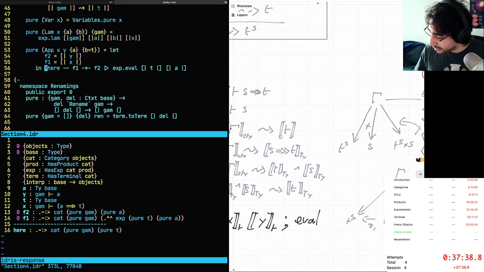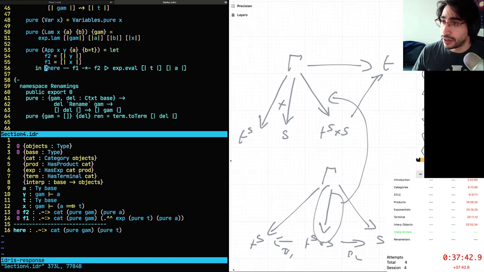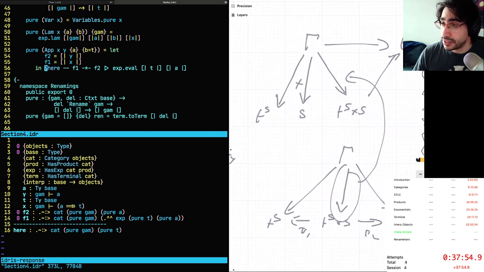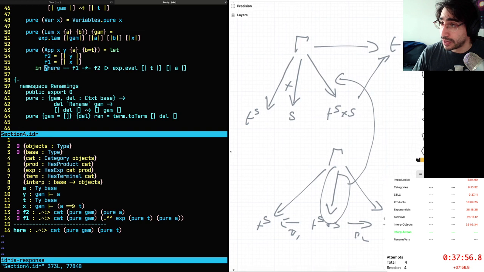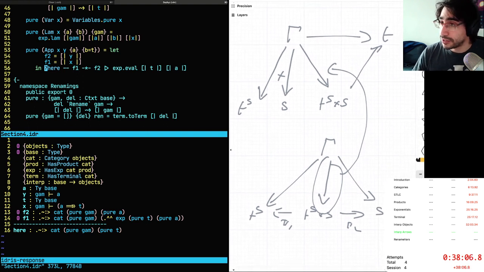However, I think I have a nice diagram here. If we interpret x and y, we realize that they denote two arrows that come from the same object, gamma. One of them goes to t power s, and the other one goes to s. If we use the product of those two arrows, we get an arrow from gamma to t power s cross s.